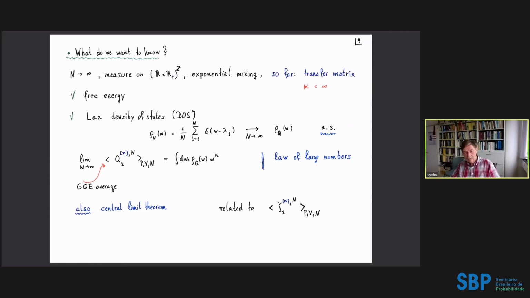So you see that the central objects are not so much the conserved quantities. After all, it's linear. I can take a combination of two conserved quantities, and I still get a conserved quantity. It's like a moment problem. What I have written down is just the moment problem. The actually crucial quantity is really the density of states.